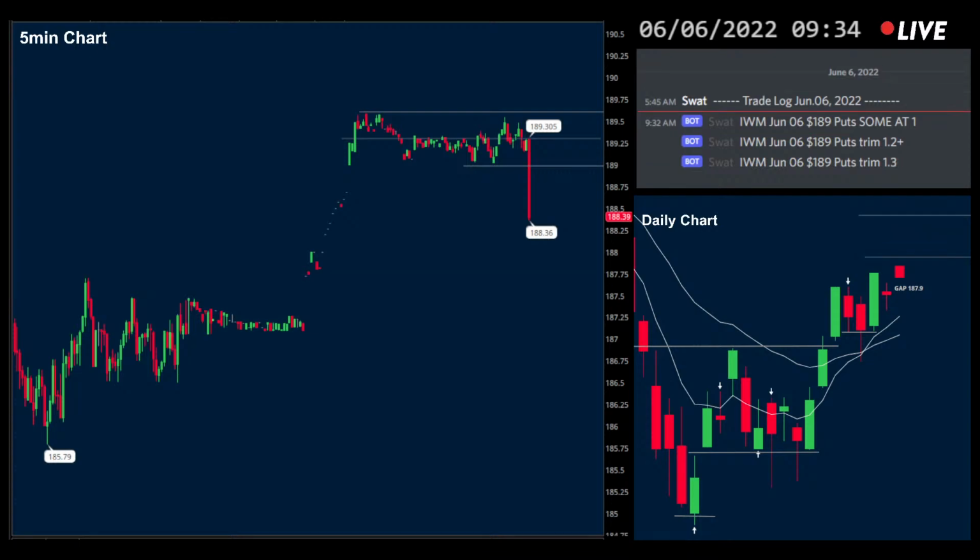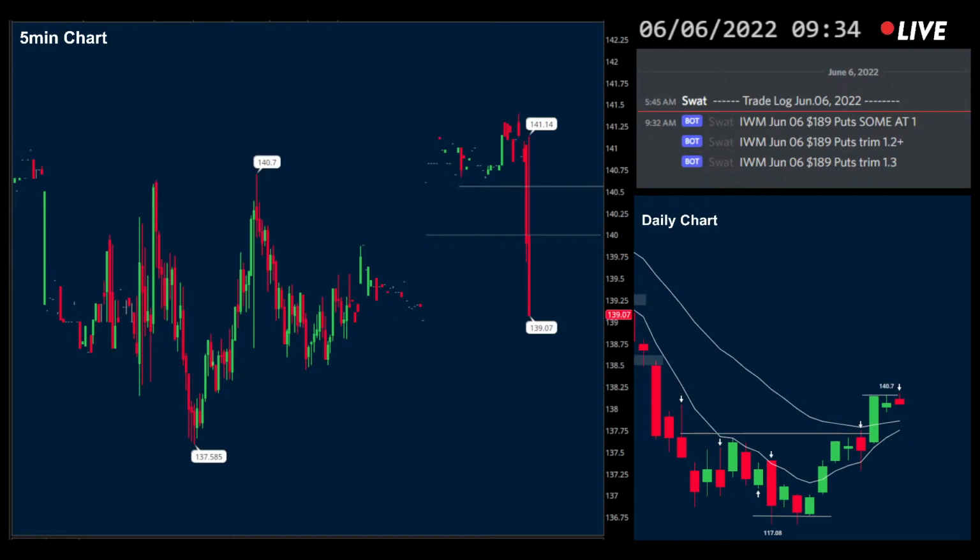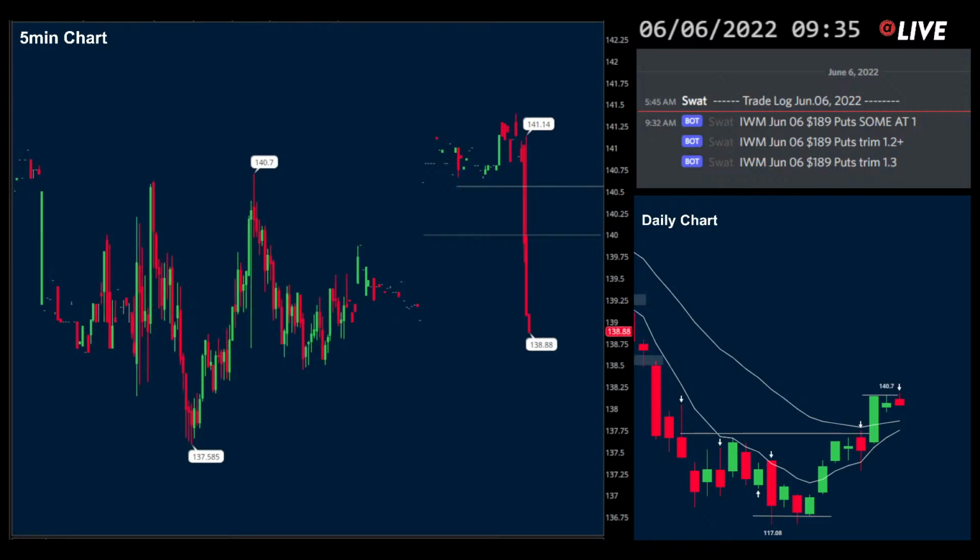Okay, trimming some on IWM. The gap on IWM fills at 187.9. Boeing fading. Boeing goes green to red.